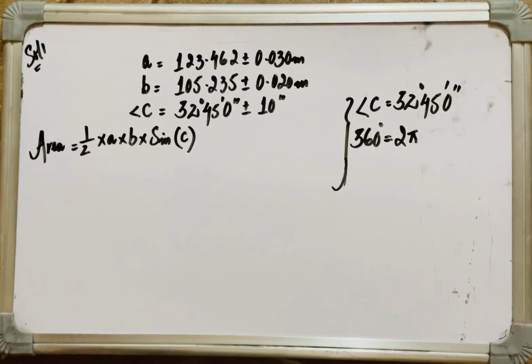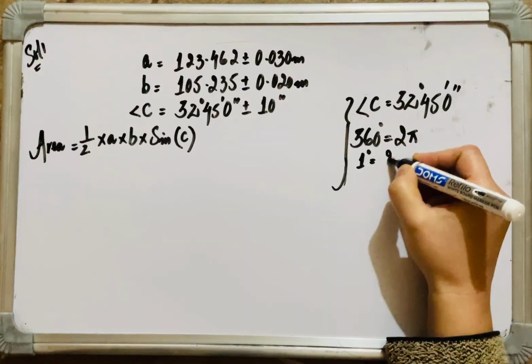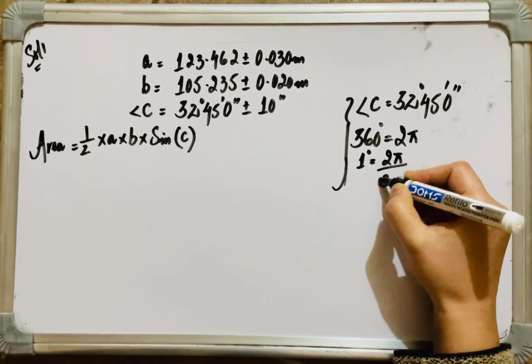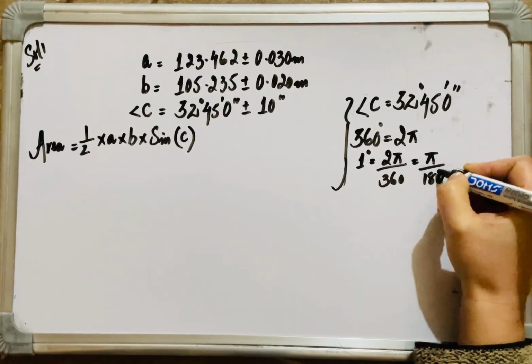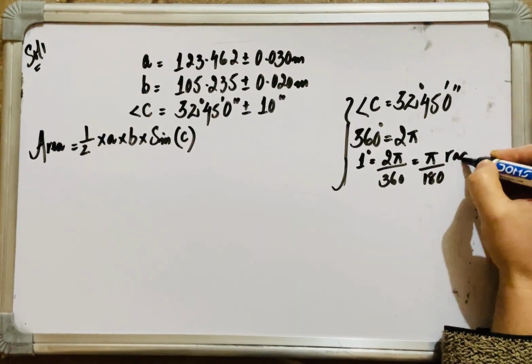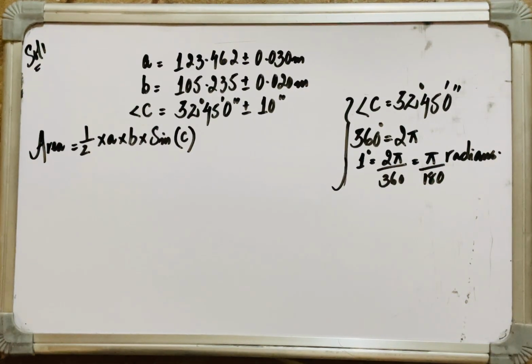That means 360 degrees is equal to 2 pi radians, so 1 degree is equal to 2 pi by 360, that is pi by 180 radians, and 1 radian is equal to 180 by pi degrees.